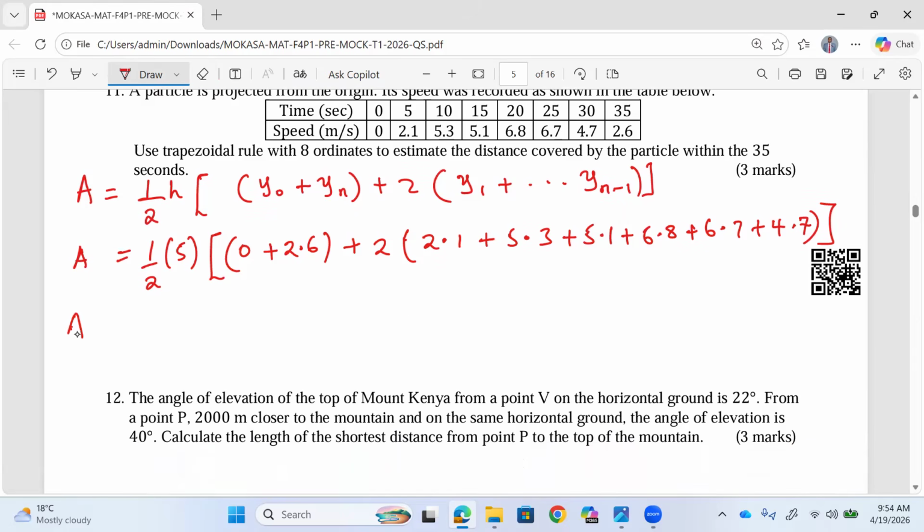So at this point, we are having 2.5 times 0 plus 2.6 plus 2.1 plus 5.3 plus 5.1 plus 6.8 plus 6.7 plus 4.7. So I'm getting 30.7, then times 2, 61.4.